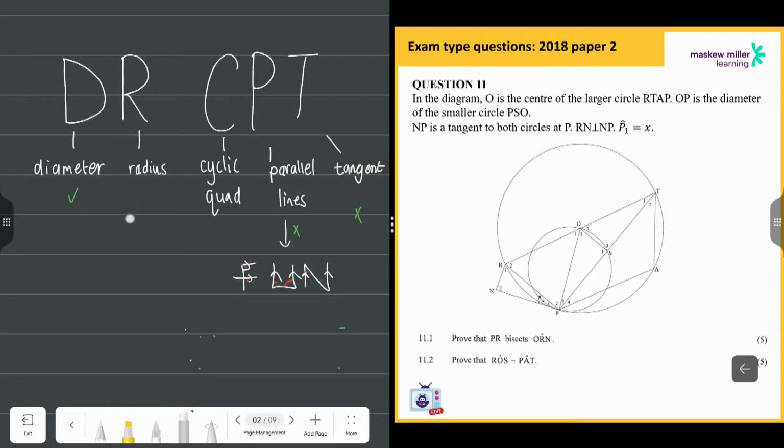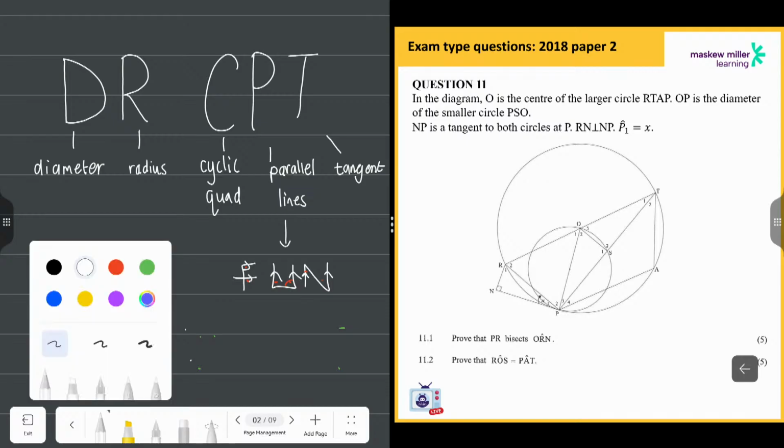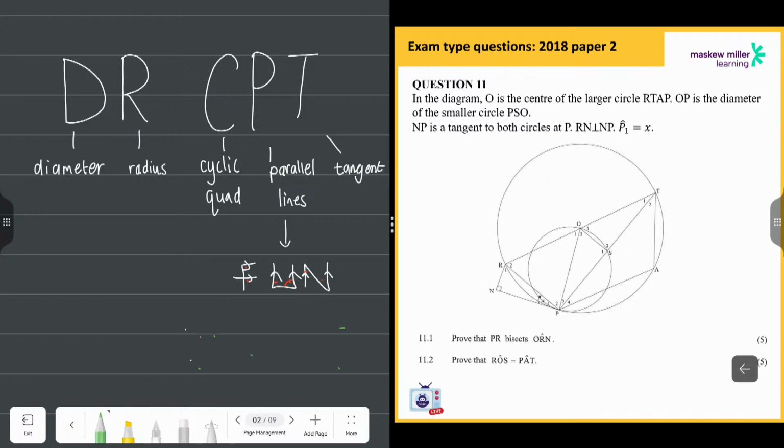Dr. Cape Town, D represents your diameter. Does this question have a diameter? Let's read through the little write-up. In the diagram, O is the center of the larger circle. RTAP of the larger circle. OP is the diameter. So yes, it does have a diameter, and it is the diameter of the smaller circle.